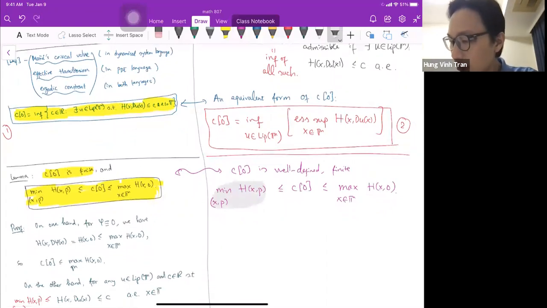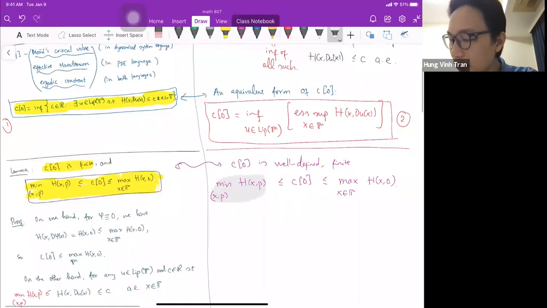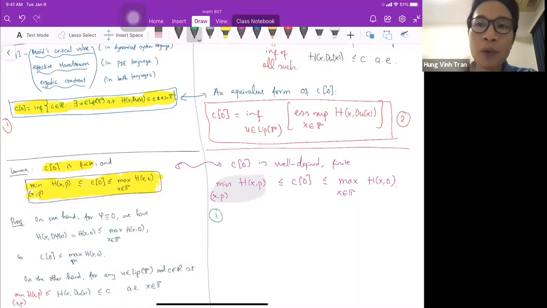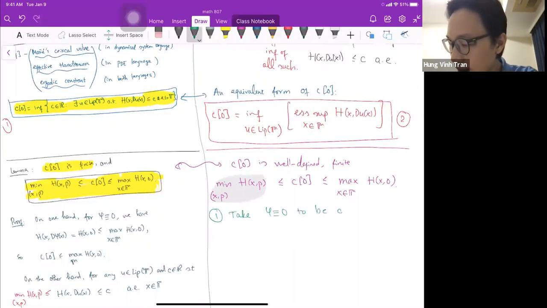So how do we prove this result? You can look at formula 2 over there. One or two doesn't matter. The first step is that we choose any possible function that we can test. Just take one test function, phi equal to 0, to be a test function.